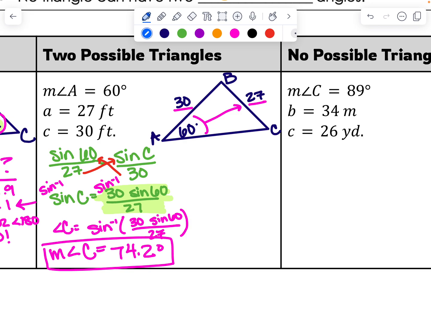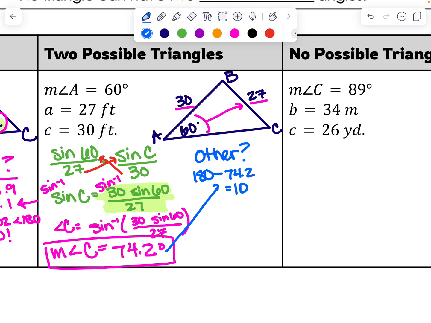So again, I'm going to ask myself, is there another option for that angle? So if I look at this, I take 180, again, I've got side, side, angle relationship. So 180 subtract my answer that I just got, which is 74.2. I subtract that and I get 105.8. If I have an angle of 105.8 and a 60-degree angle, because I know that 60-degree angle has to stay, is that less than 180 degrees?